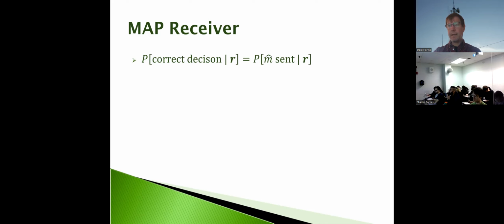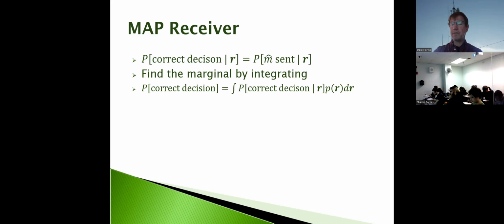M hat equals M in that correctness case. So the idea of a correct decision is that M hat, the one we estimated, was the one actually sent, right?